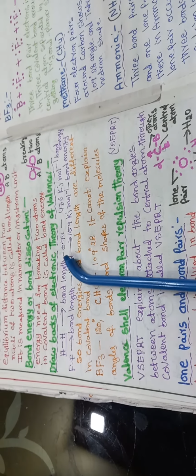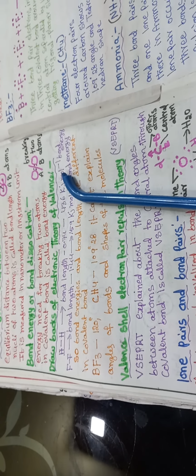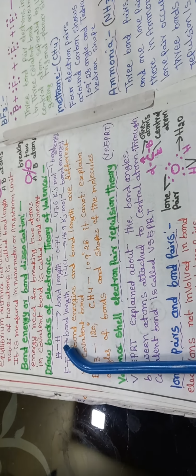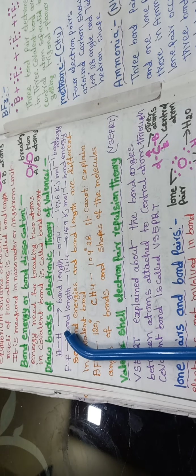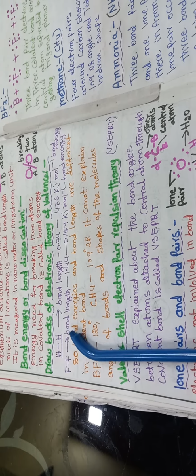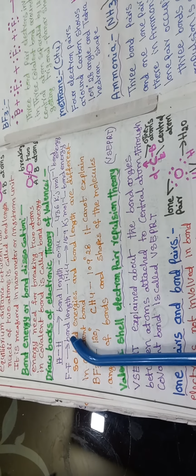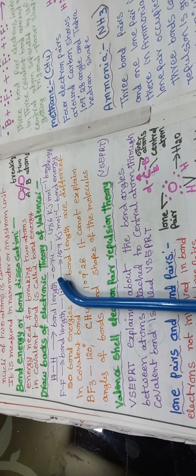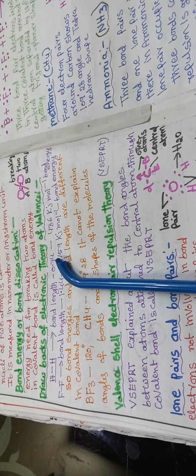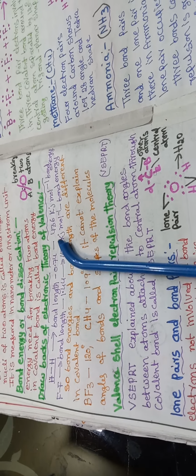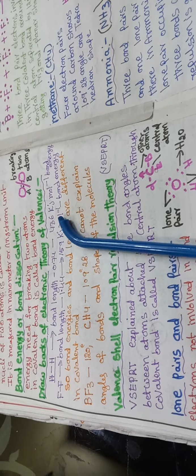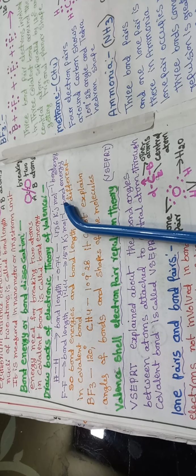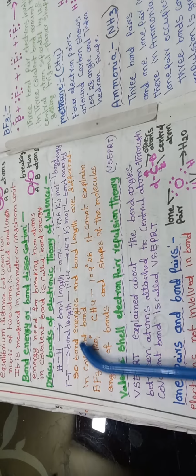Drawbacks of the electronic theory of valency. A hydrogen bond and a fluorine bond are seen here. In hydrogen, the bond length is 0.74 and bond energy is 436 kilojoule mole minus 1.